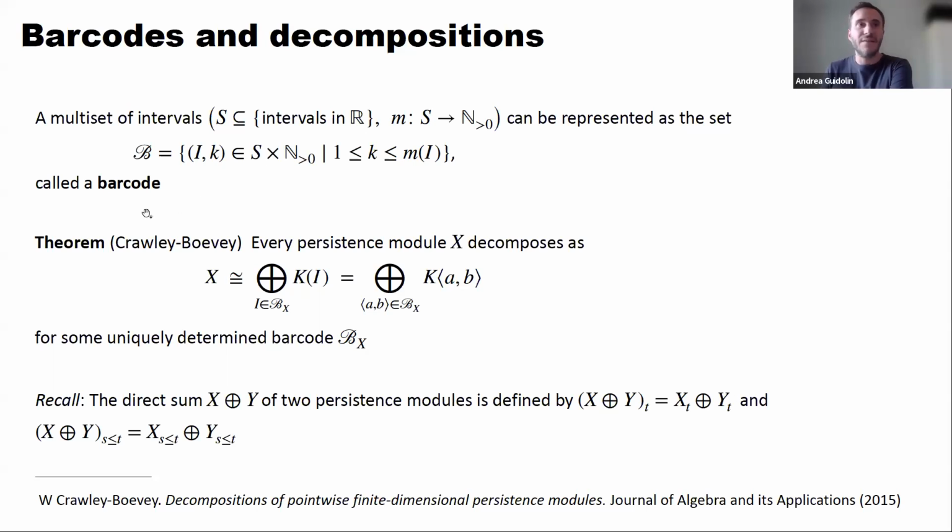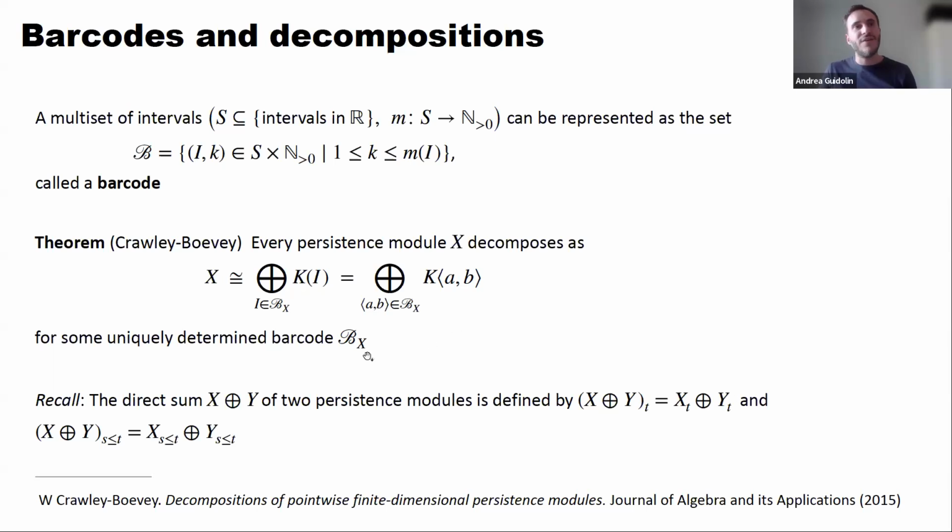Then a classical result in persistence theory says that every persistence module X can be decomposed as a direct sum of bars for some uniquely determined barcode B of X. Again, the bars can be written in this form, but in this talk, I will usually indicate which are the start point and end point of the bars.